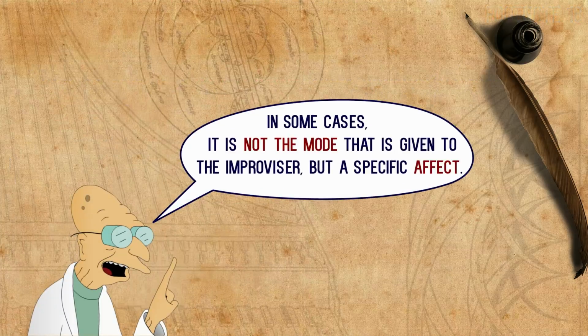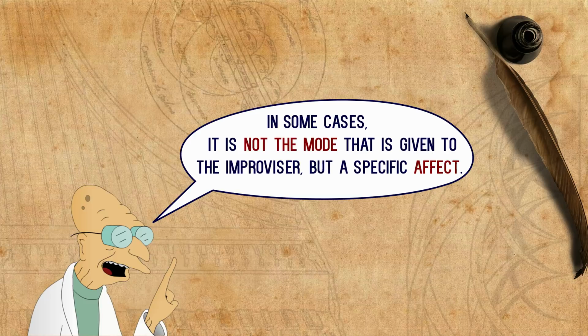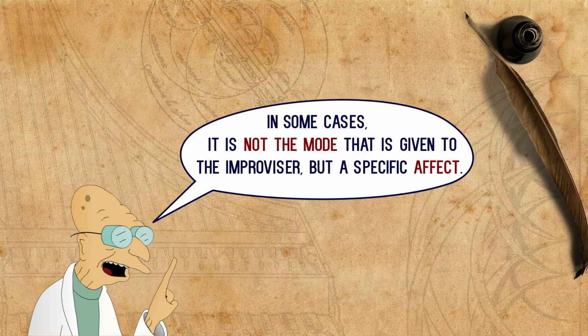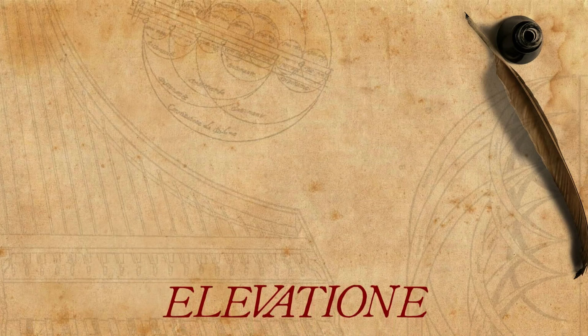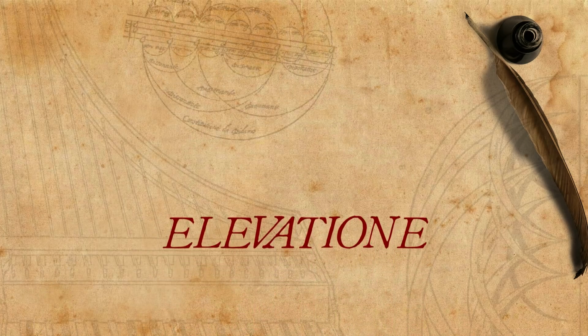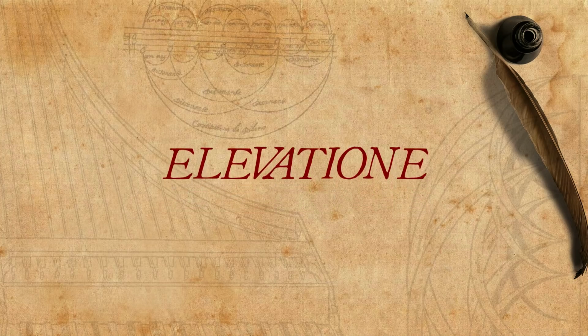In some cases, it is not the mode that is given to the improviser, but a specific affect. This is the case, for example, in the Catholic Elevazione, a part in the liturgy where the Blessed Sacrament is elevated by the priest.